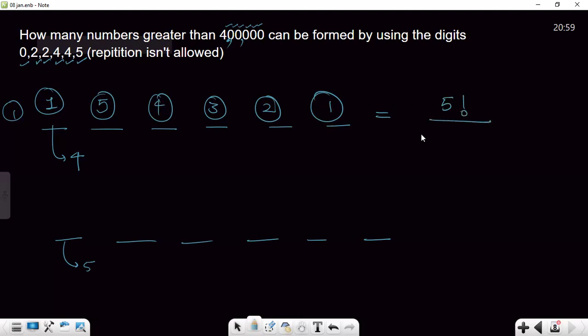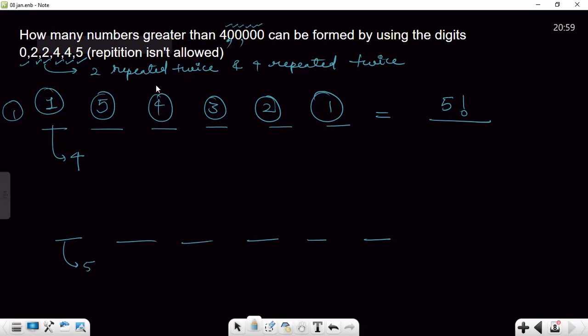Now, there is a twist here. In the given digits, 2 was repeating twice, and 4 also repeated twice. With every repetition, we divide by the factorial of the number of times that digit is repeated.